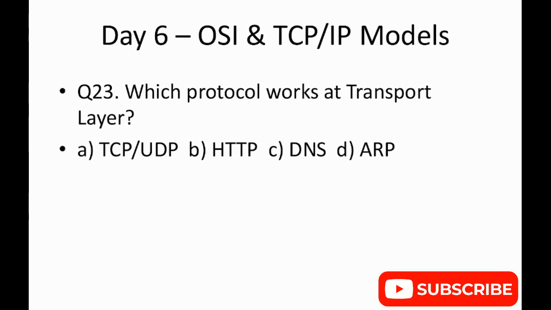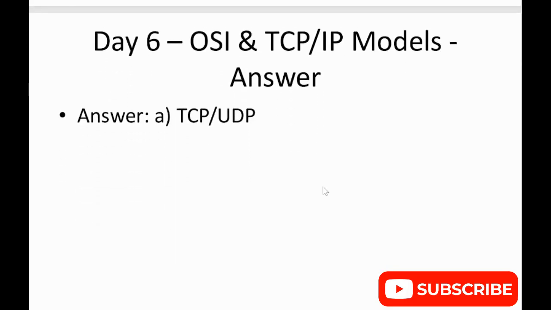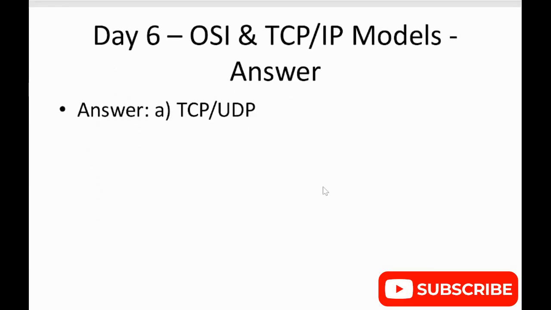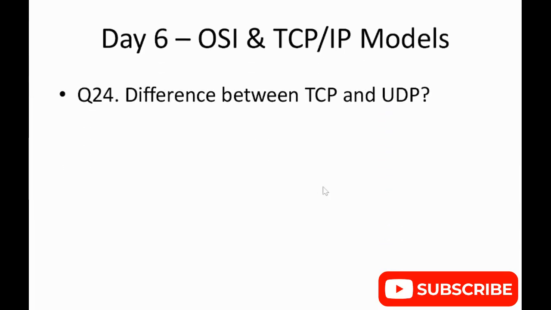Which protocol works at the transport layer? TCP, UDP, HTTP, DNS, or ARP? The answer will be TCP, UDP. Last question, I think, is the difference between TCP and UDP.